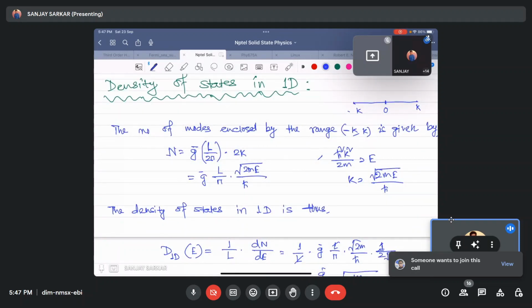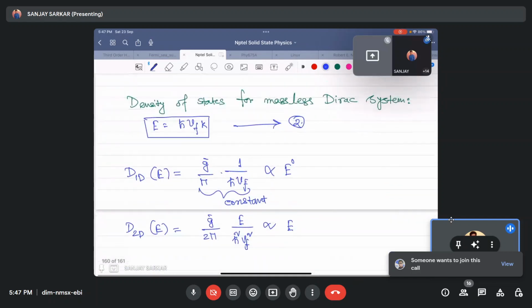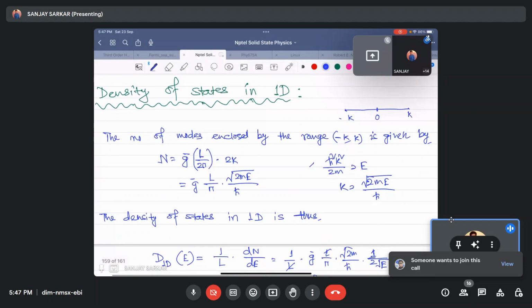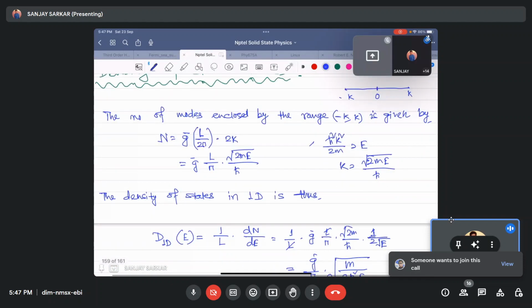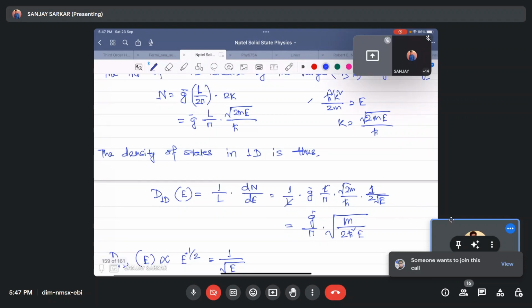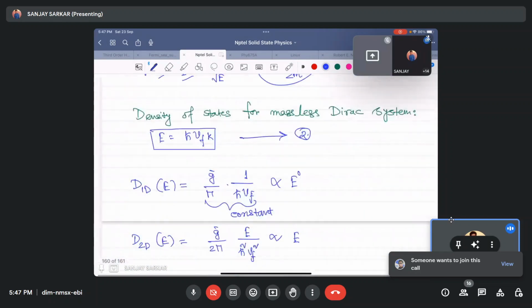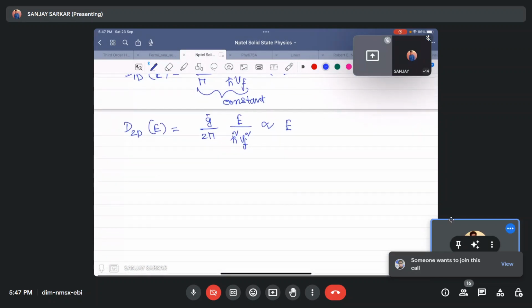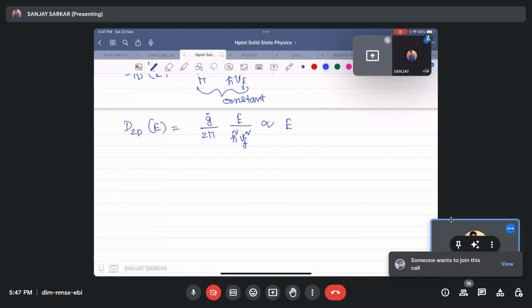So in place of k you will write E by h bar vf, so it will be proportional to E. But when you take the derivative with respect to E, you will see that the density of states will be constant and independent of E.